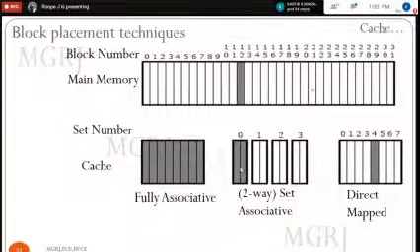Yeah. Now, you can see, first 4 I have mapped, right? So again, the fourth block of your main memory is again mapped to set 0. So now you can ask me a question. Block 0 of your main memory is also mapped to set 0, and block 4 is also mapped to set 0. Why? Because your size of cache is small, right?